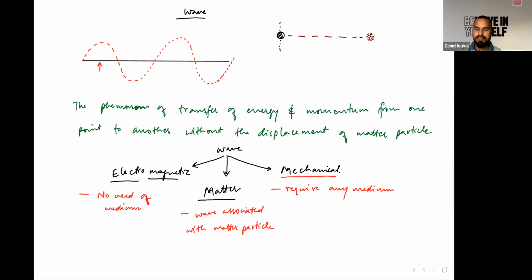These different particles have dual characteristic, both as particle as well as wave, defined by de Broglie hypothesis. You'll learn more about it next year also. So in this chapter, we have to define only mechanical wave. Just write it down to this part.